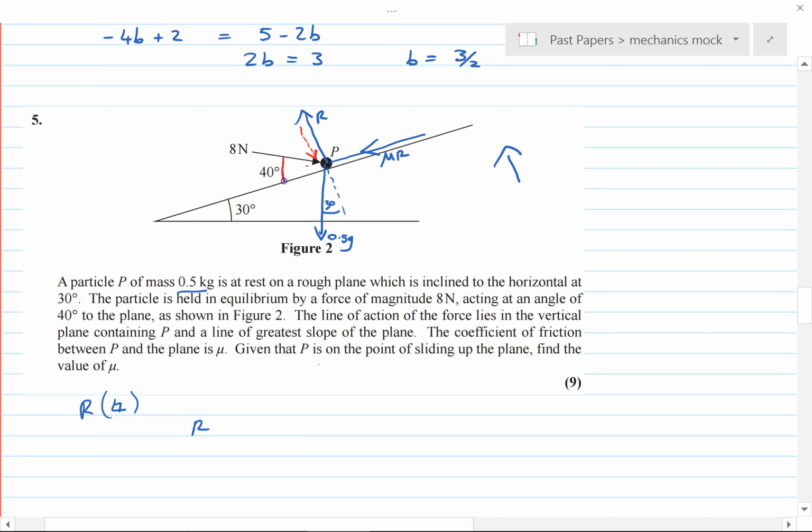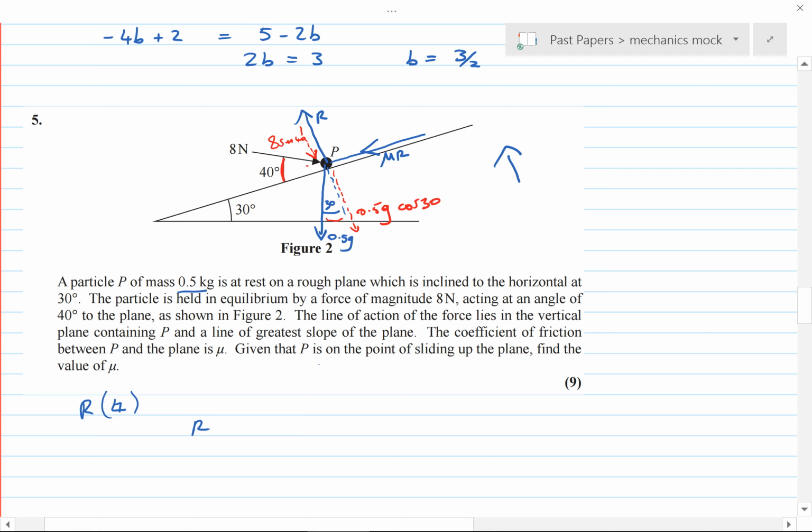What I always say is, because we've marked the angle 40 degrees here, on this space here, that means the ratio is going to be sine. So 8 sine 40 will be this component here. And there'll also be a component of this weight force. This time the angle is marked next to this force here, so that will be 0.5 g cos 30.